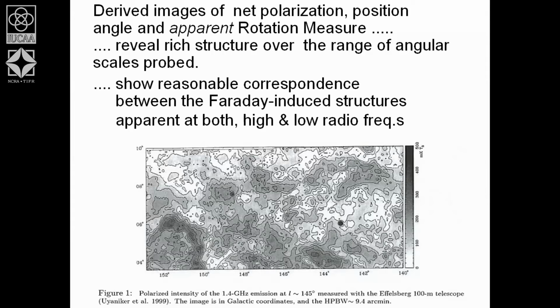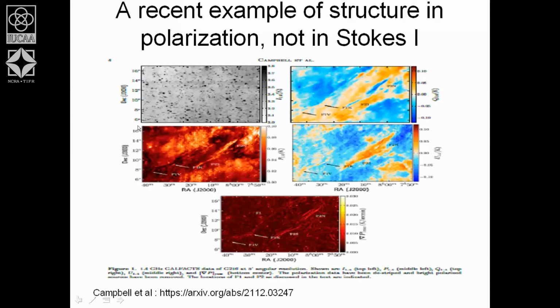And it provides a way now of seeing the properties of the distribution of emissivity of polarized emission along the way and the distribution of the Faraday rotating material. So this is a recent example. You can see the Stokes I intensity devoid of all the structure that you see in these images shown here.